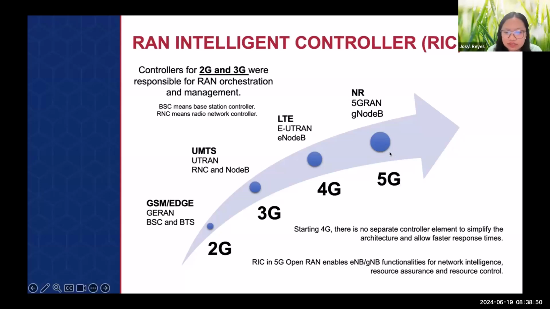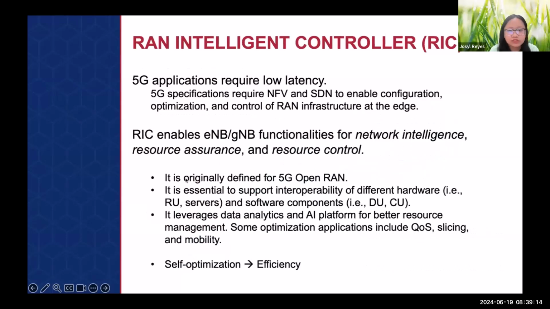And then in 5G Open RAN, there's now the RAN Intelligent Controller to enable the eNode B and gNode B functionalities. When we say eNode B, this is a 4G node, and a gNode B is a 5G node. The main reason for having the RAN Intelligent Controller is to facilitate the 5G applications that require low latency, and to do so we use network function virtualization and software defined networking.